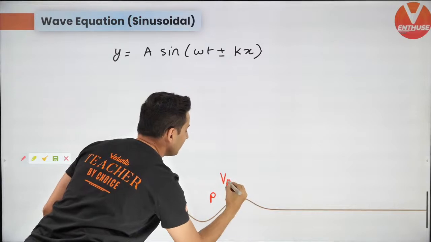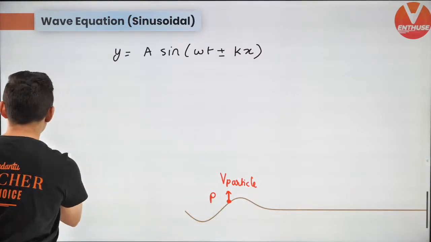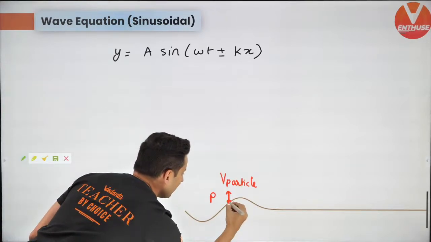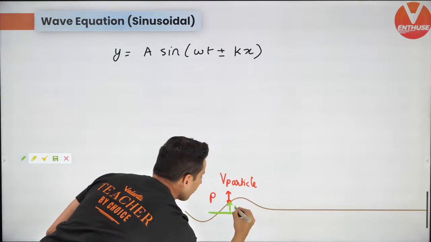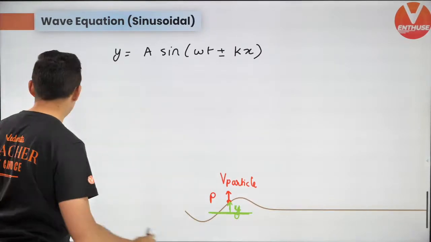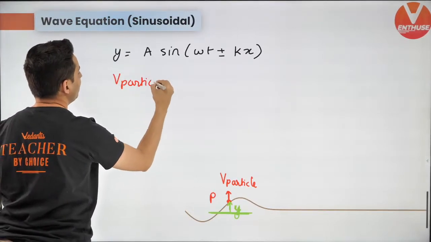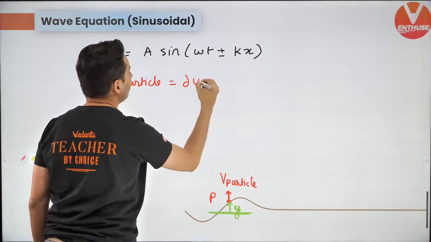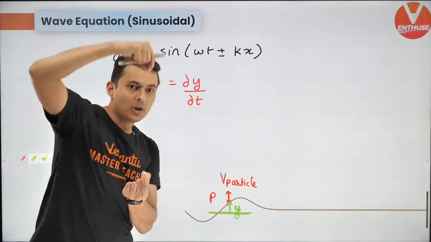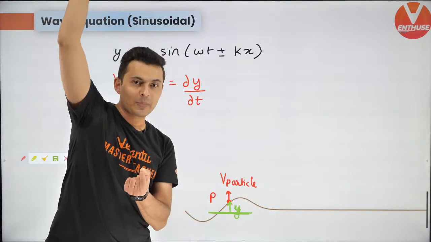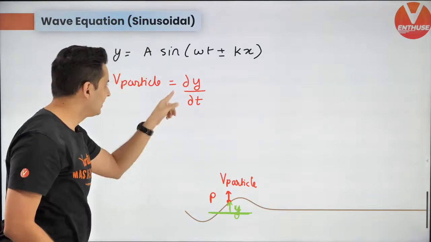There will be something called velocity of that particle, and that particle will have some y coordinate. So the velocity of any particle, remember this, is the derivative of y with respect to time. Differentiation, rate of change of y with respect to time. How is the y coordinate changing? Small displacement upon small time. That is how it is.